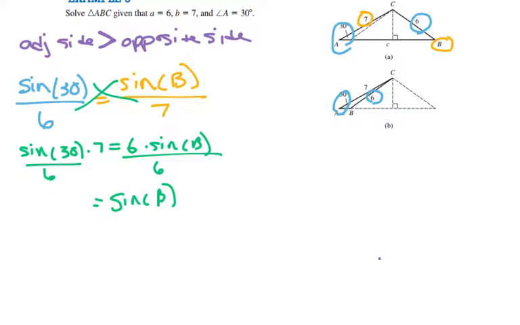So sine of 30 times 7, and then divided by 6 is 0.583. And then, of course, I'll take the sine inverse of both sides to get B by itself.